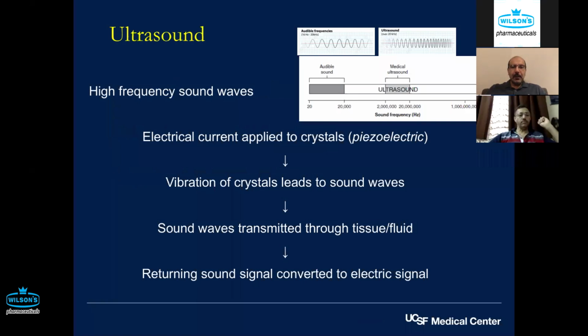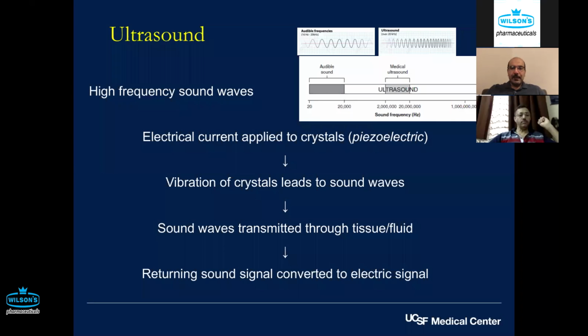Audible sound is in the range of lower frequencies, 20 to 20,000 hertz, for us to be able to actually hear. Ultrasound, the word ultra implies that these are much higher frequency sounds.